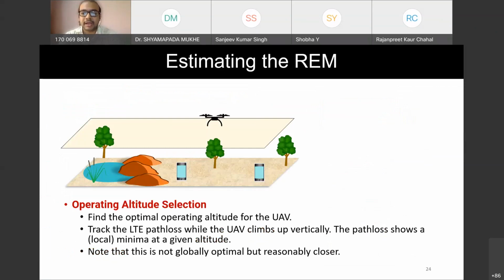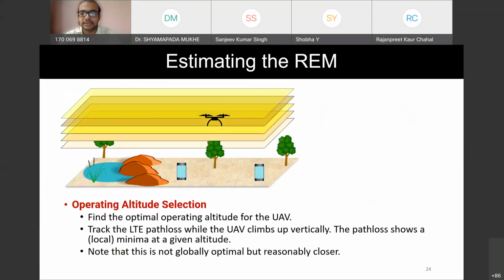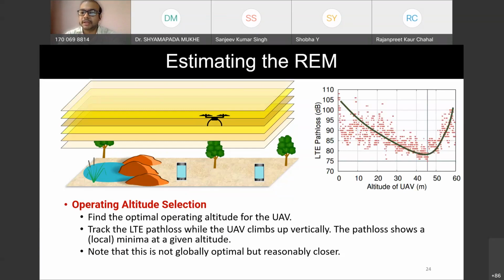So for doing that, at a certain point, we climb in the z-axis, and we try to see where my signal strength is maximized, right? If you look at the RSS plot in this particular scenario, it looks something like this.